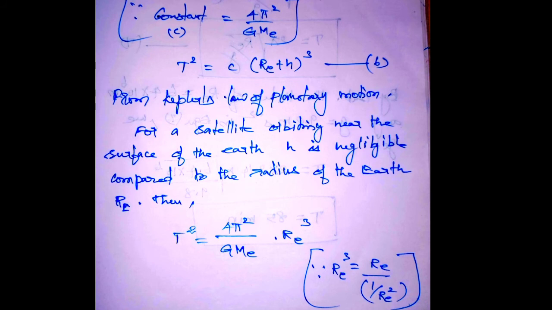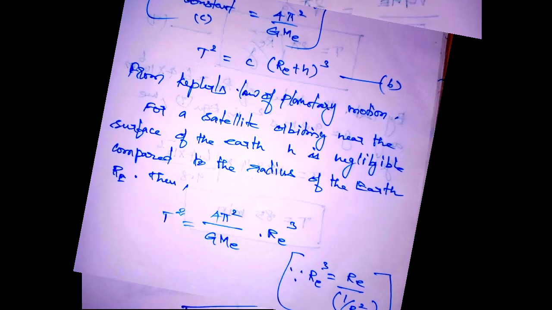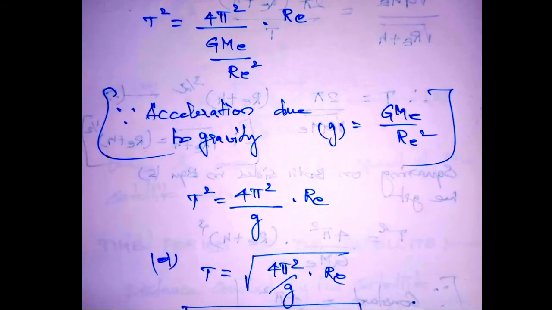Also we can write Re³ as Re² times Re. So for our convenience, rearranging, we get T² equals 4π² divided by (G Me divided by Re²), into Re.